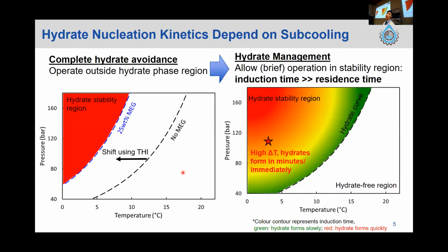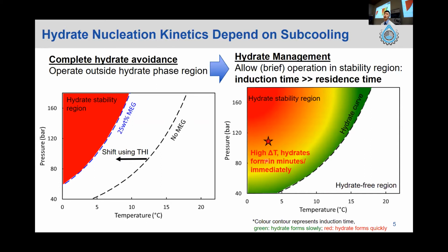Or you can choose this risk-based method, because we know that even if you operate your system within the hydrate stability region, there is some probability that you are going to get hydrate formation, such that how long do you need to wait? For example, if you have a pipeline that goes very deeply into your hydrate phase region, you have a very high subcooling.